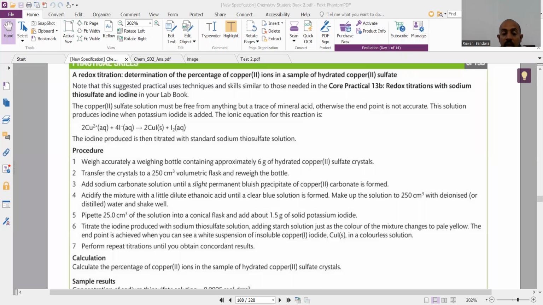And then you titrate and find the amount of iodine produced using the thiosulphate. You can repeat and obtain concordant results. Is the experiment clear?